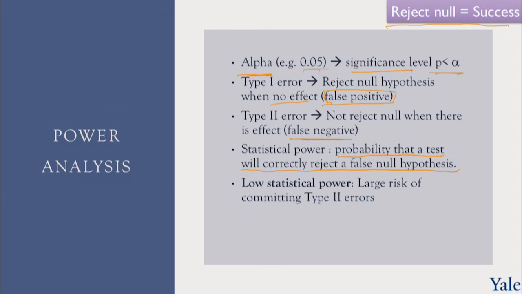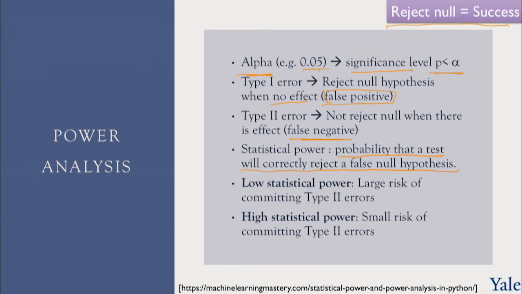So we want our clinical trials to have high statistical power. If in fact the drug works, we're going to be able to say that with some confidence. With low statistical power, we have a large risk of committing type 2 errors, of failing to reject the null hypothesis, of failing to be able to say with some confidence that the drug worked. With high statistical power, we have a small risk of committing these type 2 errors.